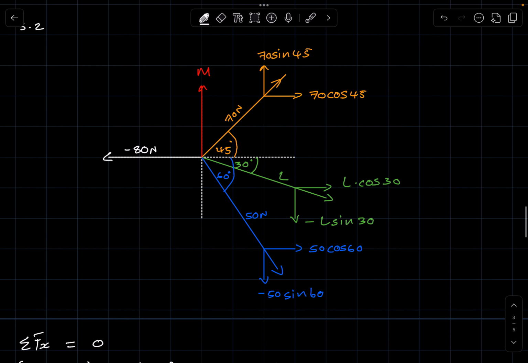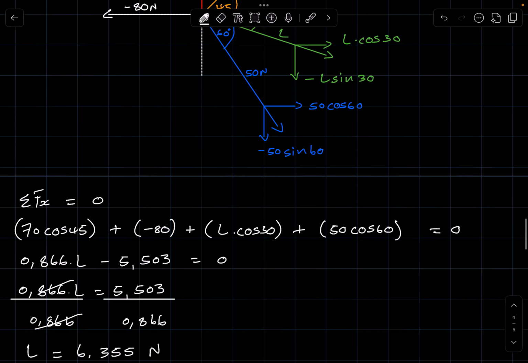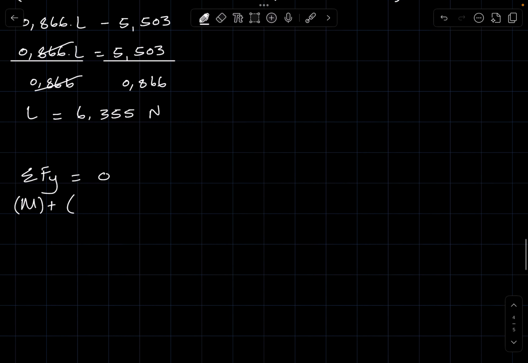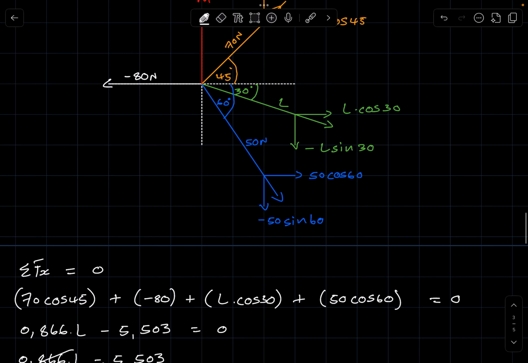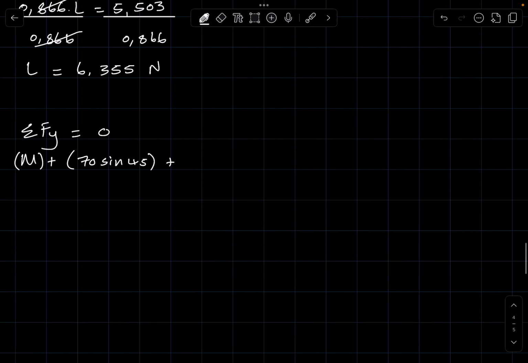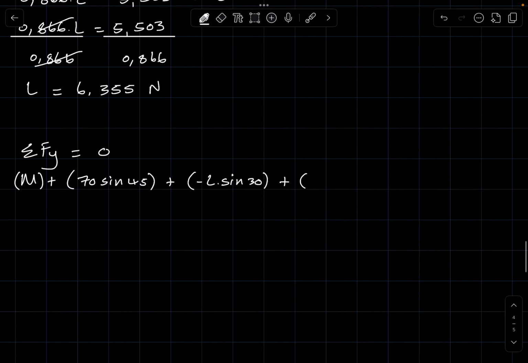You have the M, it's headed north, so you take it as being positive M plus positive 70 sine 45 plus negative L sine 30 plus the negative 50 sine 60. All this is equal to 0.